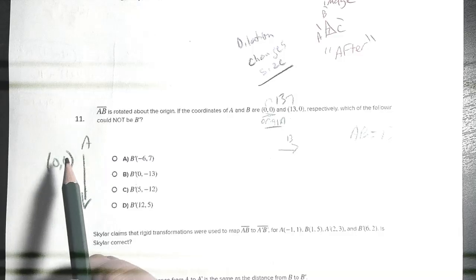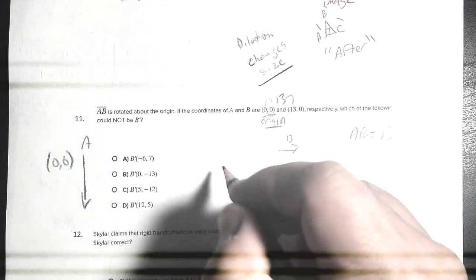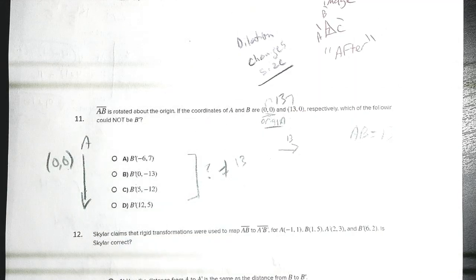This would be your A, this would be your B. It's asking which one of these does not equal 13. Now, I'm going to try to show you a little shortcut, so bear with me a moment.